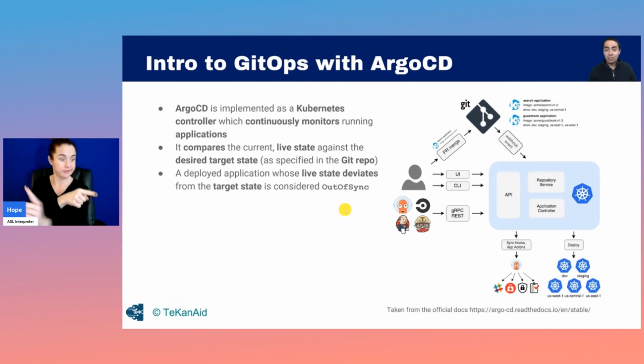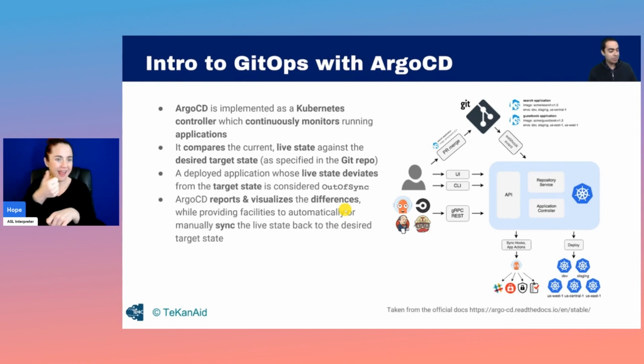You have the option to have auto sync enabled, to revert back to your desired state, which is in your Git repository. And again, that's the source of truth. Or you can leave it at the default of manual, and then you can alert on a deviation if you wish.